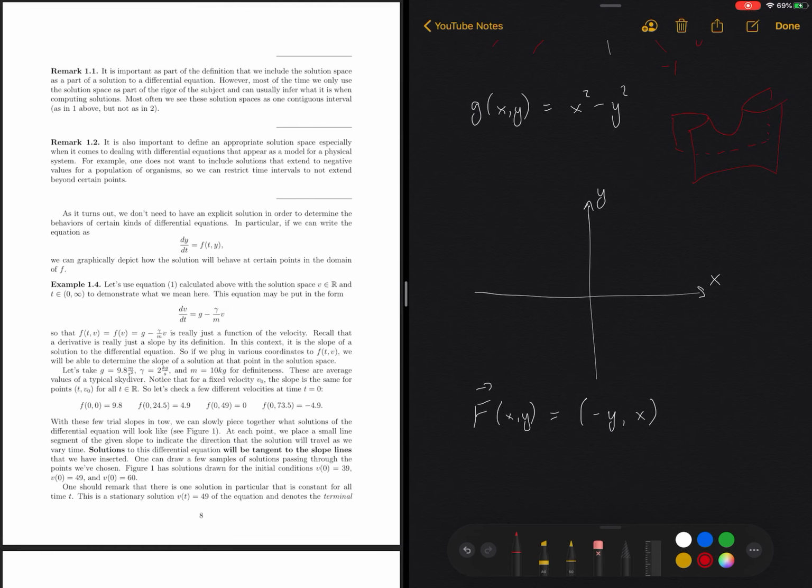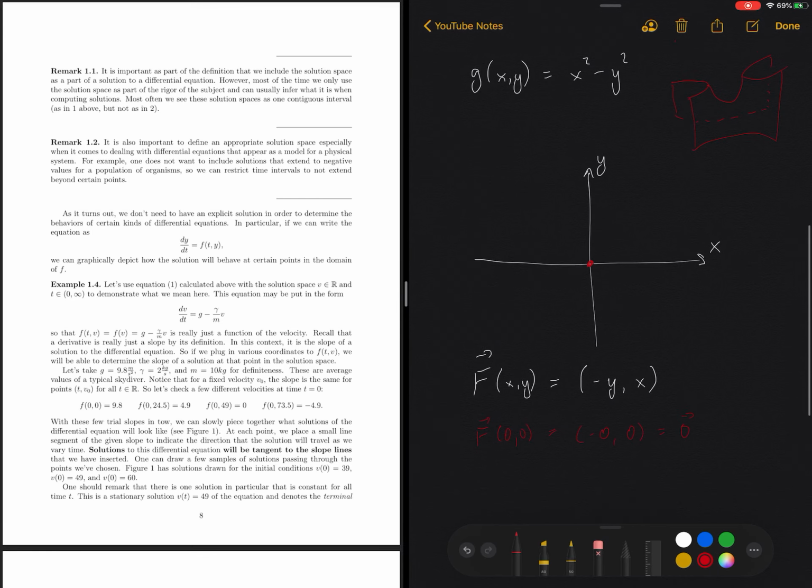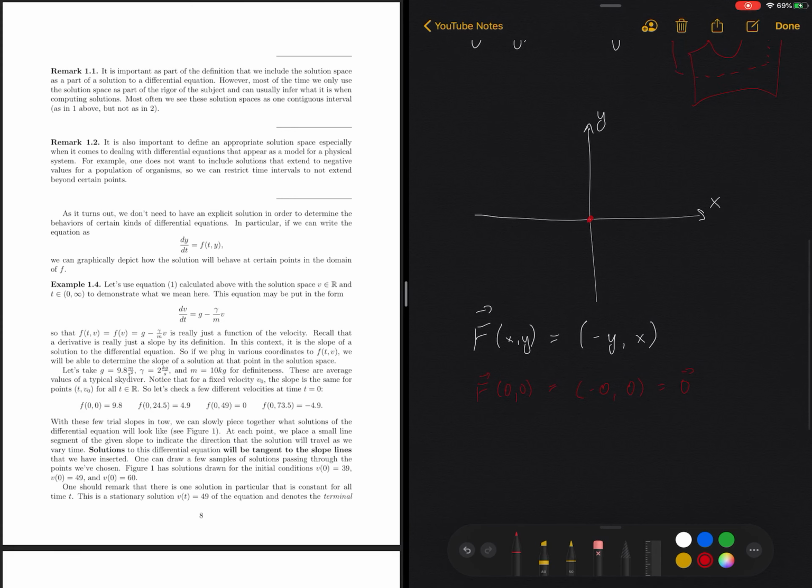And how we usually represent these is, well, let me show you first of all. Let's say f of 0, 0. F of 0, 0 is going to be minus 0 by 0, so it's just the 0 vector, which I'll denote by 0 with a little arrow over the top. So at the origin, I'm going to put the 0 vector.